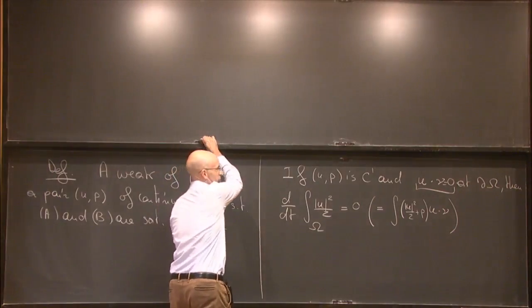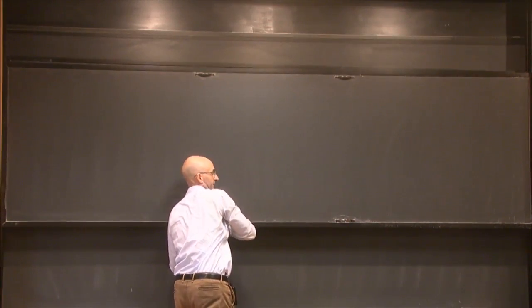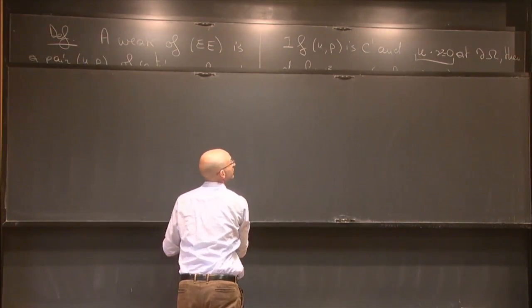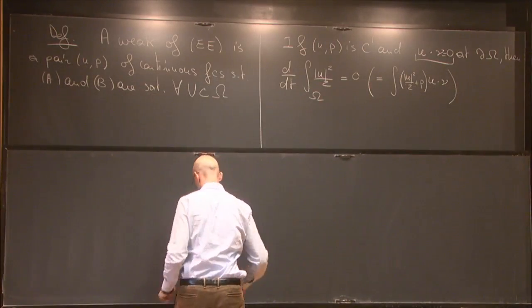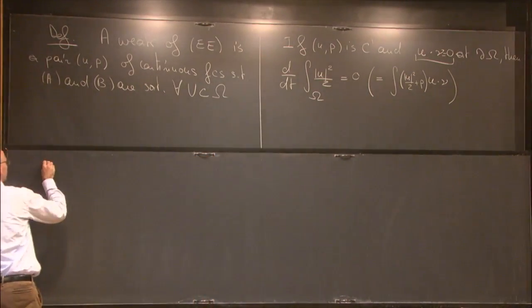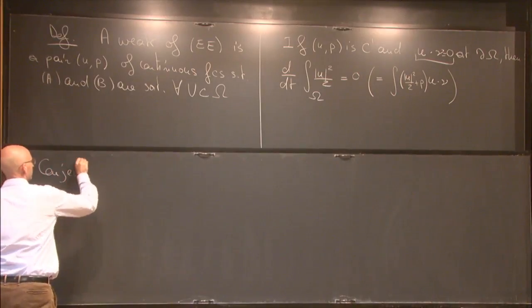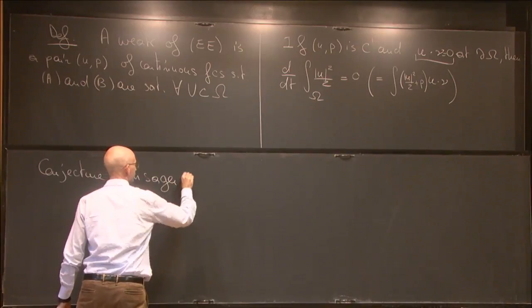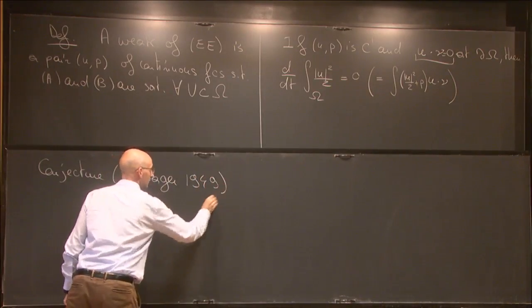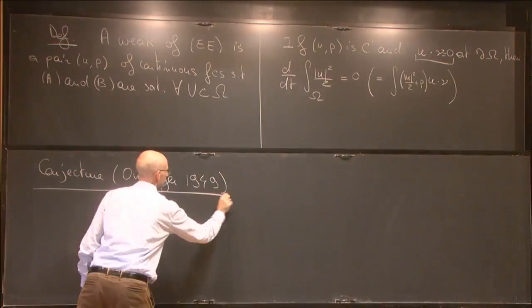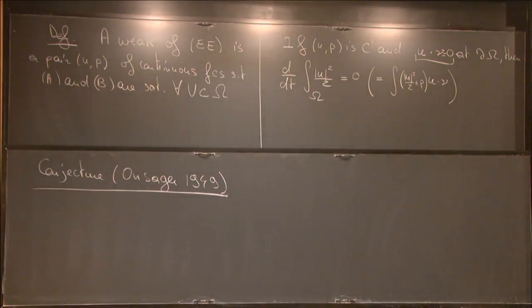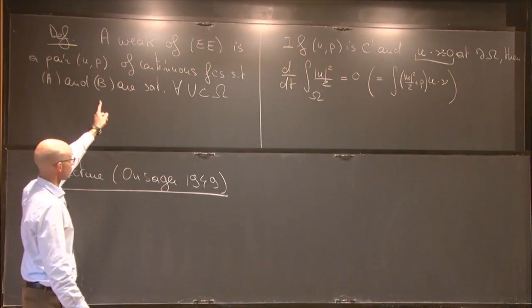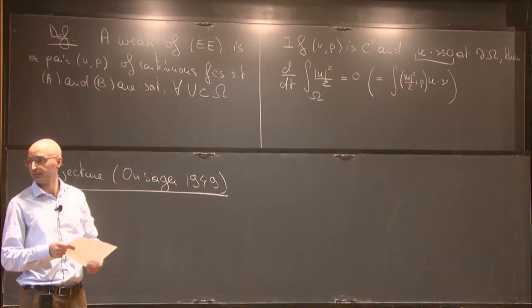Okay, so it comes as a surprise if you open the physics literature and you discover that in a very well-known paper in 1949 by Lars Onsager, Nobel Prize in chemistry and one of the most prominent theoretical physicists of the 20th century, he conjectures that in general weak solutions of the Euler equations in this sense do not preserve kinetic energy.